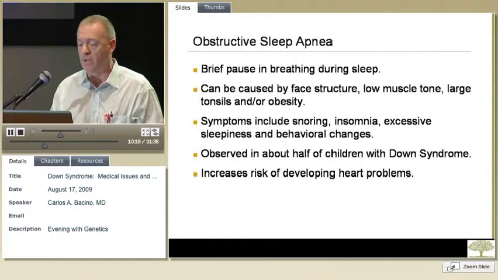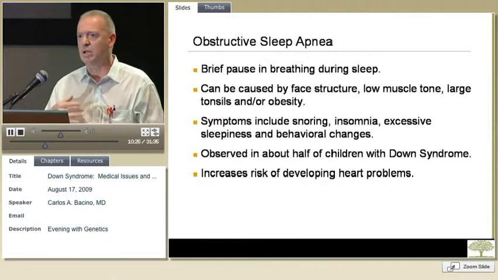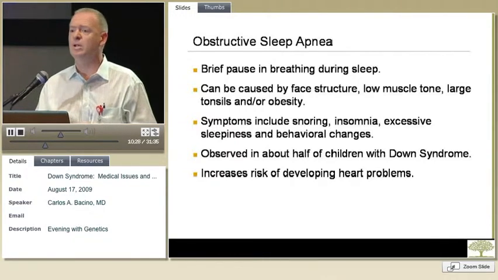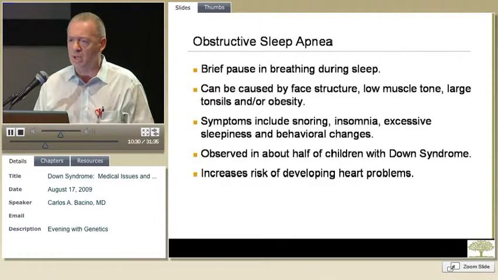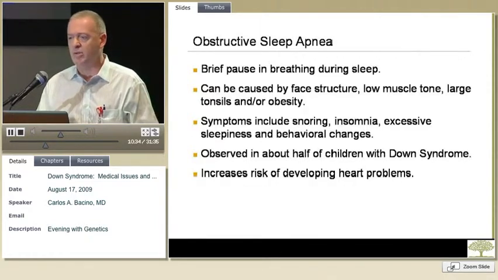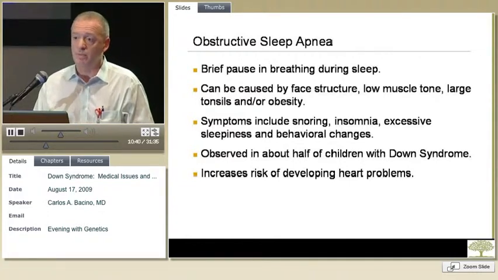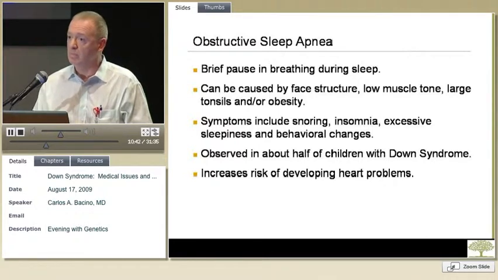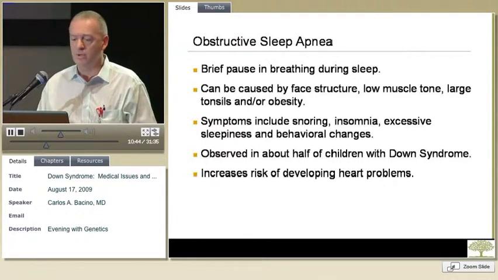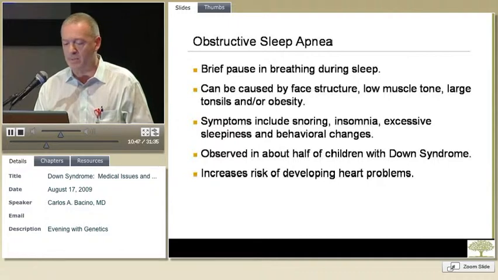Snoring is one of them. Insomnia: the children with obstructive sleep apnea, because they're not getting enough oxygen, they're not sleeping well, they're very sleepy during the day, or they tend to fall asleep very frequently during the day, and sometimes even behavioral changes. Now we know that it's very, very common. Up to even 50% of kids with Down syndrome may have some degree of obstructive sleep apnea.